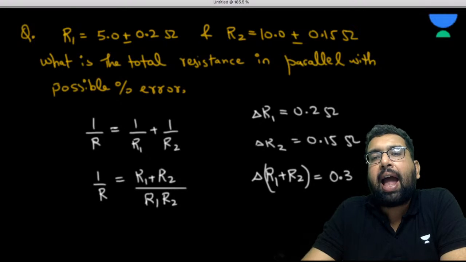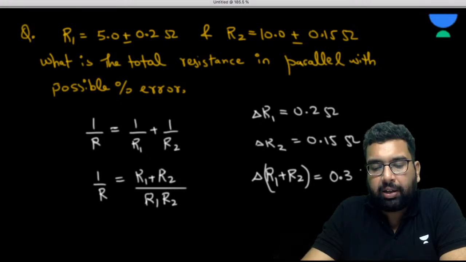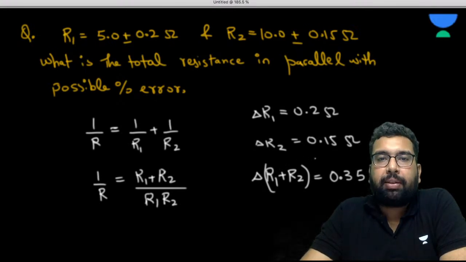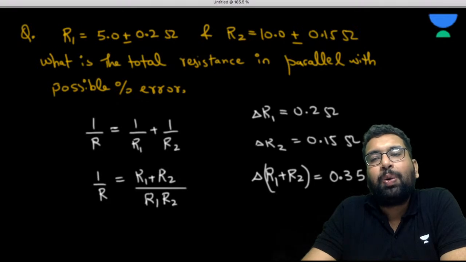So if I add 0.2 and 0.15, it is going to be equal to 0.35, right? But we want to reduce it to one decimal place. So it will become 0.4.